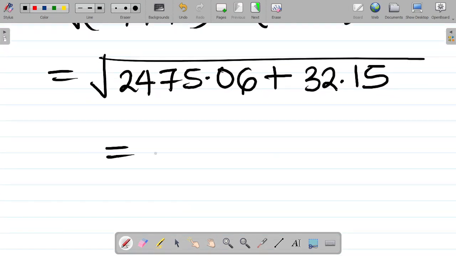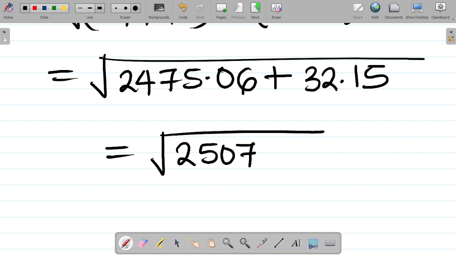Let's sum this. This is equal to the square root of 2475.06 plus 32.15. My answer here is 2507.21.